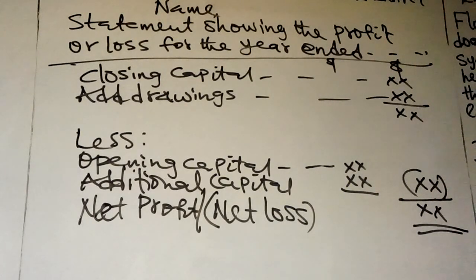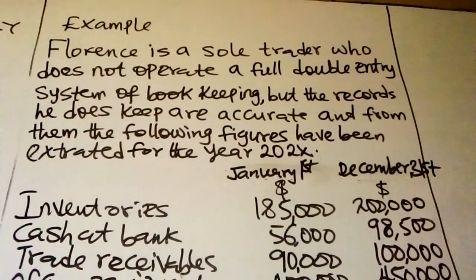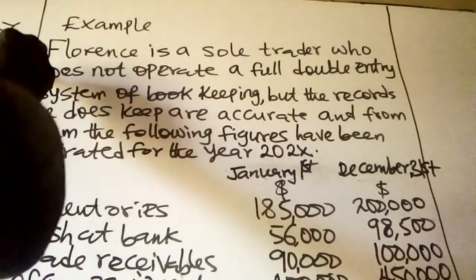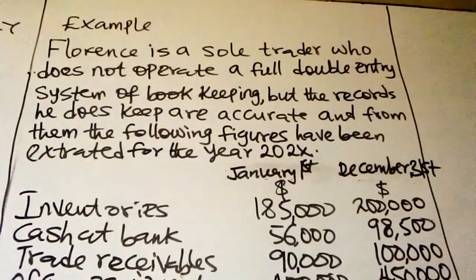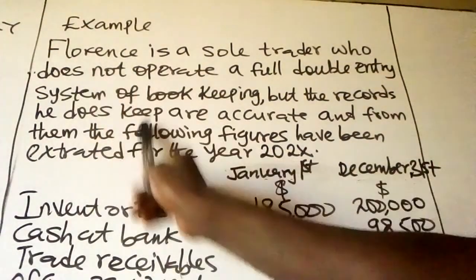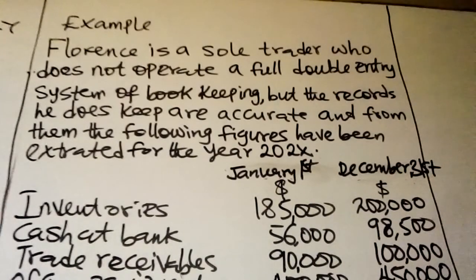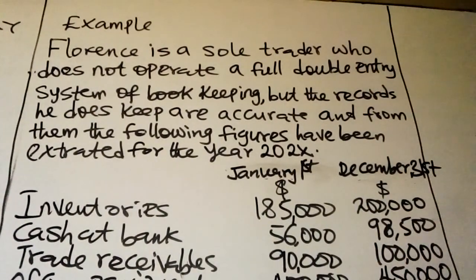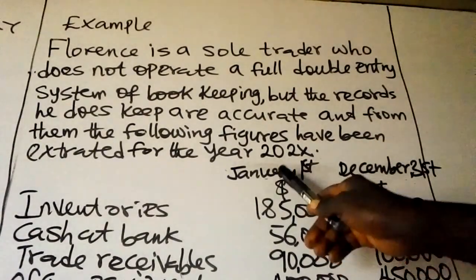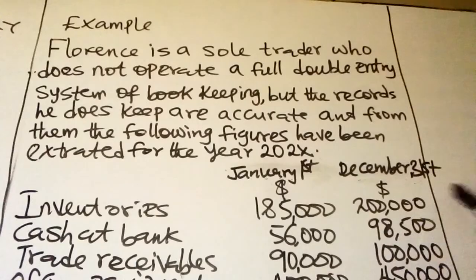So I therefore want to solve a question as a worked example. Now the question. Florence is a sole trader who does not operate a full double entry system of bookkeeping, but the records he does keep are accurate, and from them the following figures have been extracted for the year 22X, January 1st and December 31st.